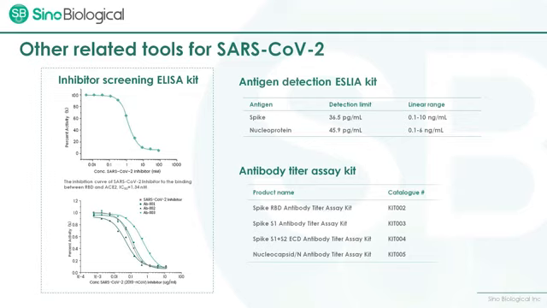Meanwhile, we are still working on selecting more SARS-CoV-2 antibodies, not just specific antibodies. We are also willing to obtain some antibodies which can recognize SARS-CoV-2 and other coronaviruses. So the study is still ongoing.